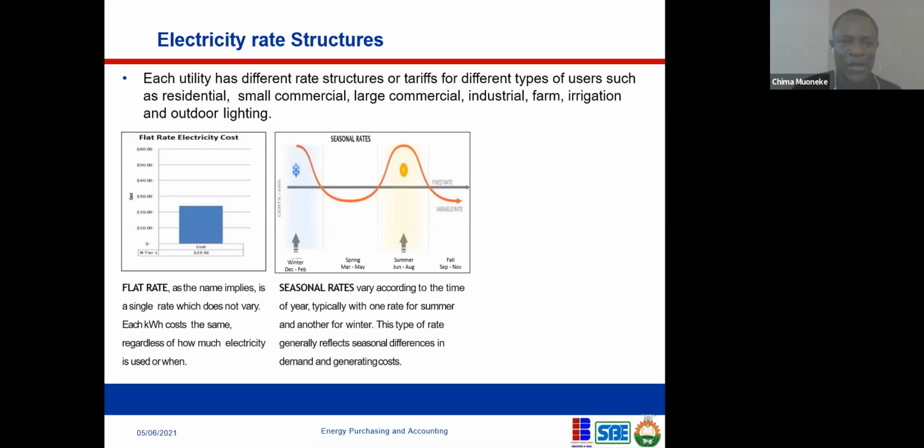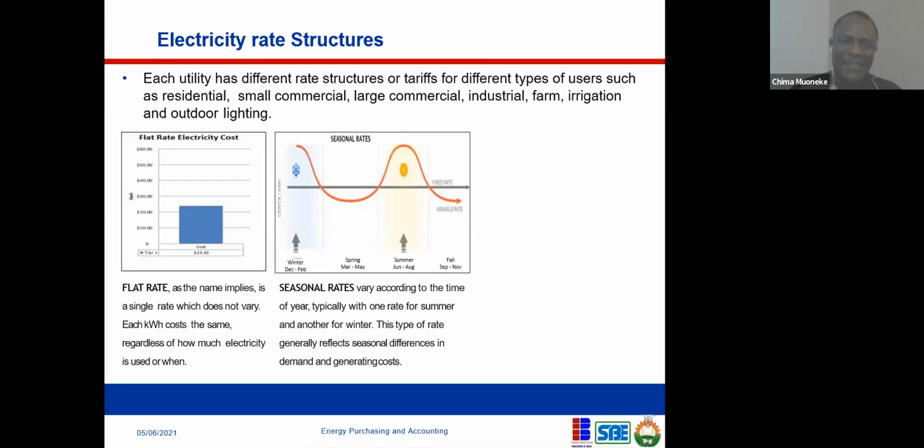If you're a three-phase consumer, your category is different from a single-phase consumer. If you are an industrial consumer, your category is different from a commercial class consumer. However, whichever category you belong to, your tariff remains the same. I mean, it remains flat.